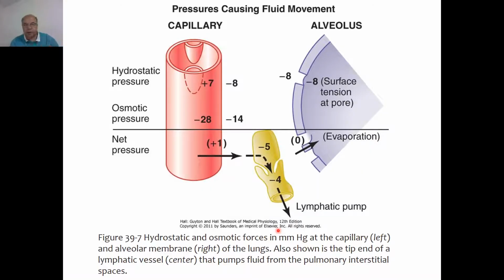Okay, so when we look at here, you can see the forces taking part: osmotic pressure, hydrostatic pressure.